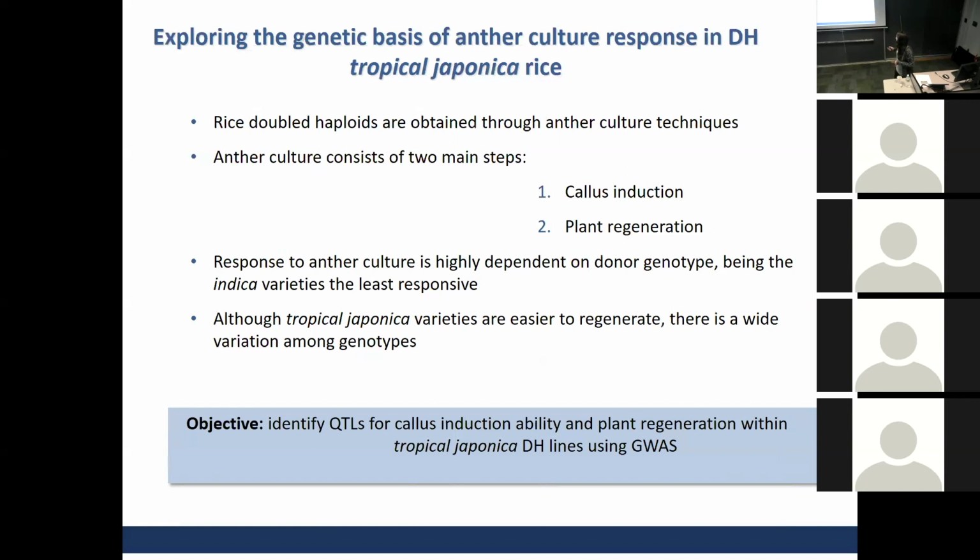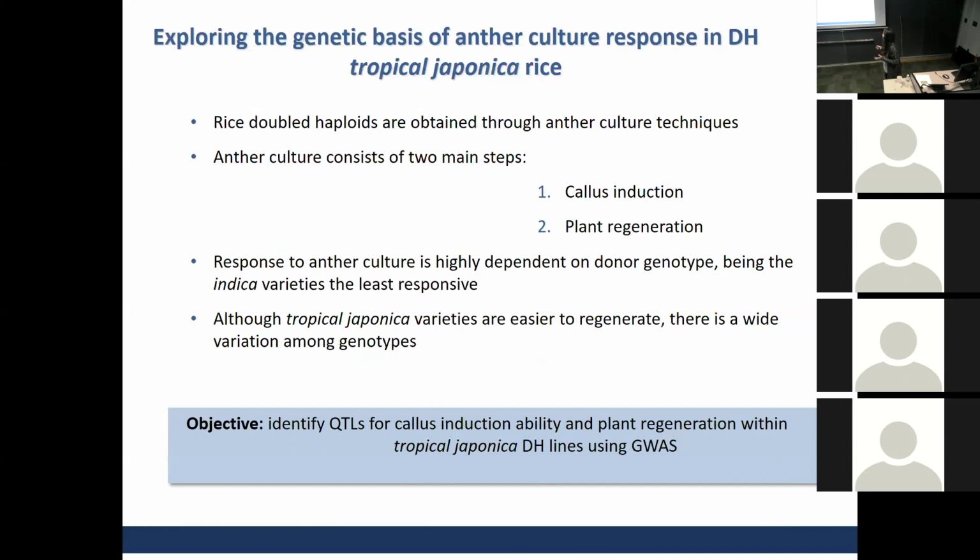We also know that the response to anther-culture is highly dependent on the donor genotype, and usually indica lines are the least responsive among all lines. Tropical japonica varieties are easier to regenerate, but there is a wide variation in response to anther-culture.